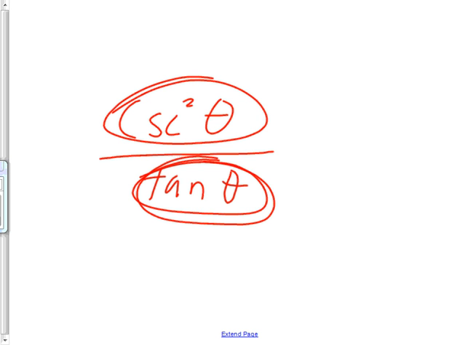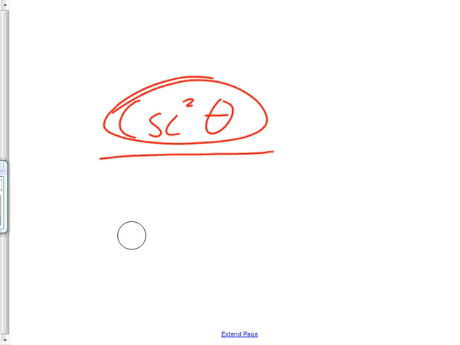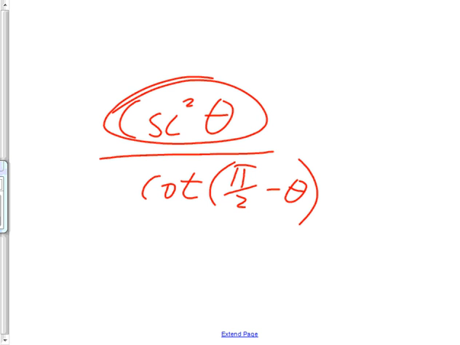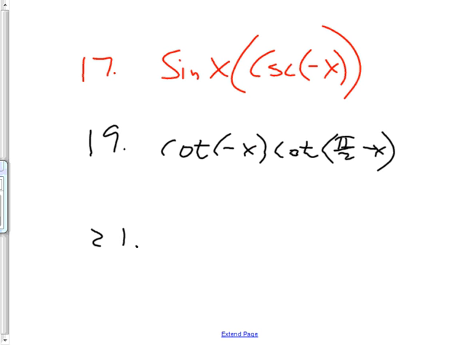I could find one of those Pythagorean ones to replace it with. Or what if I saw tangent of theta and somehow it would help me to write in cotangent of pi over 2 minus theta? That's another one of those lists, the cofunction thing. So there's a whole bunch of little tools that you can pull out at just the right moment.